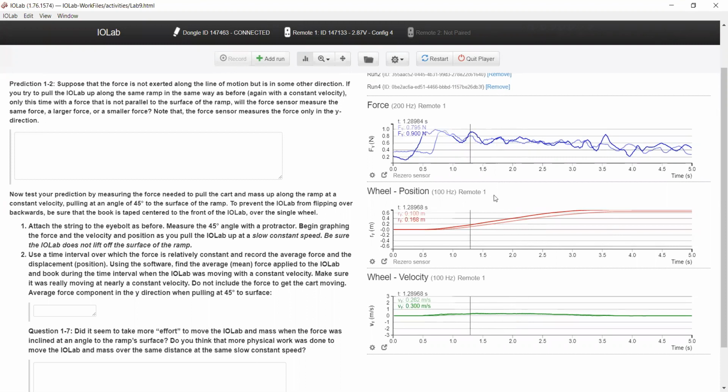Your choice. Now in the force, when the velocity was almost constant and the force was constant, from around here to here, we can take that region to take the average. So you may go ahead. If you want, you can try to make the velocity more similar.